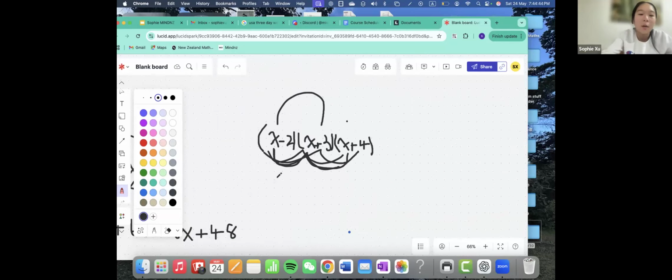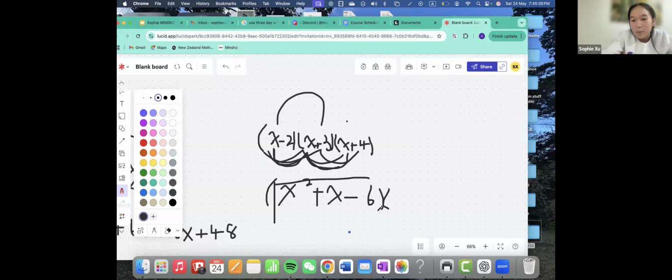So I think he got x squared plus x minus 6, and then, because this bracket is basically just this bit expanded, times x plus 4, you just expand it again from here.